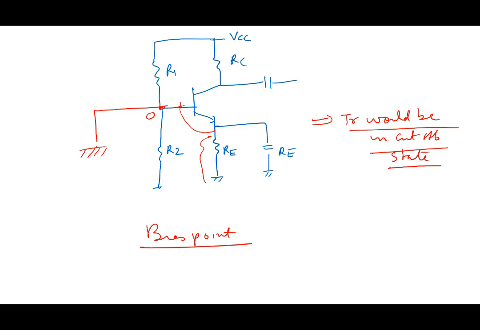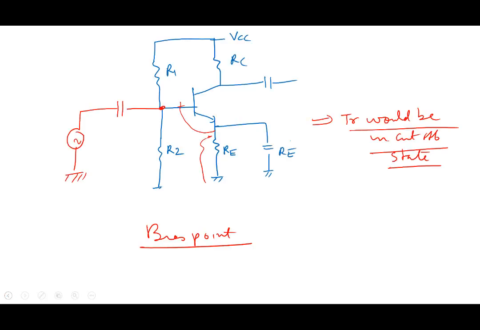So the capacitor is needed. Without the capacitor, that node will end up being 0 volt. So the capacitor is required. We know that this capacitor is essential.